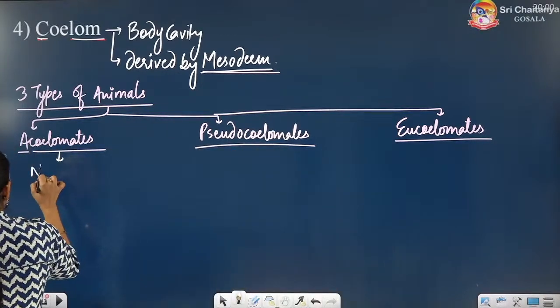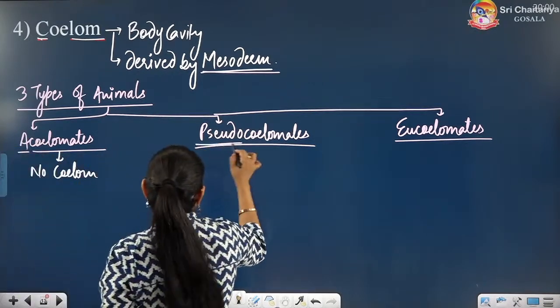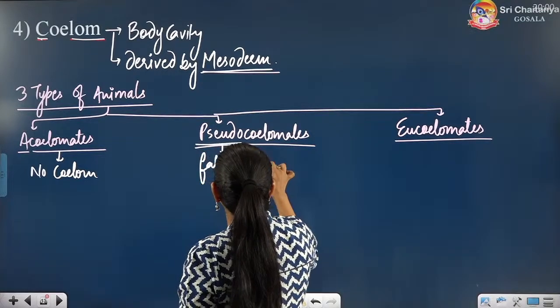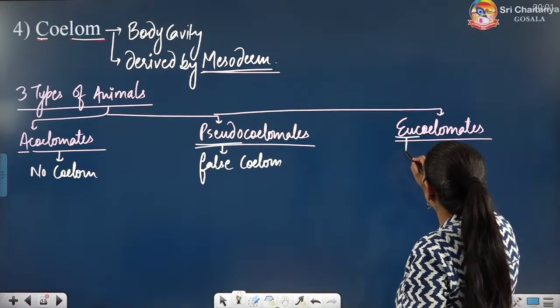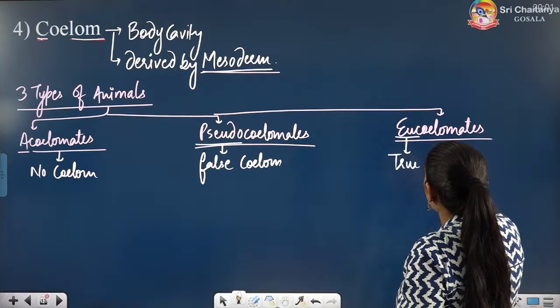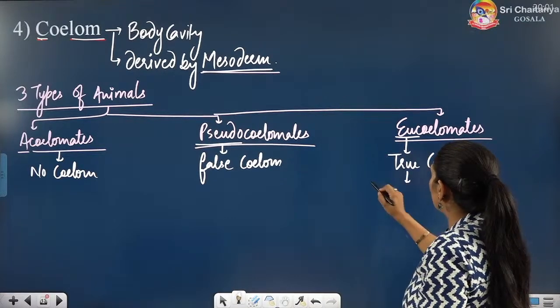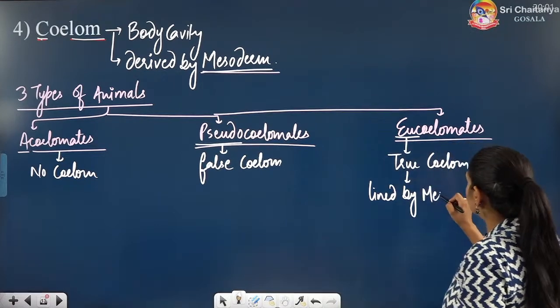If we talk about acoelomates, there is no coelom, beta, no coelom. Pseudo means false, so that means there is a false coelom, which is not lined by the mesoderm. And eu means true, I've already told you the meaning of eu. So a true coelom is lined by mesoderm on both the sides.